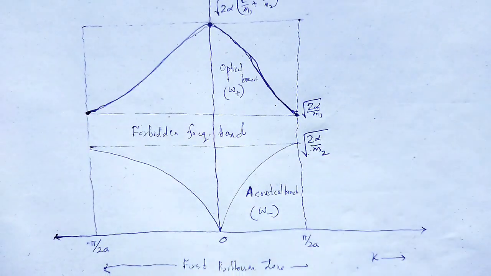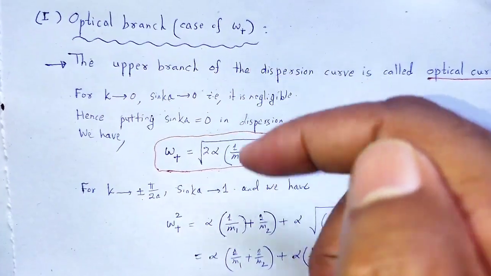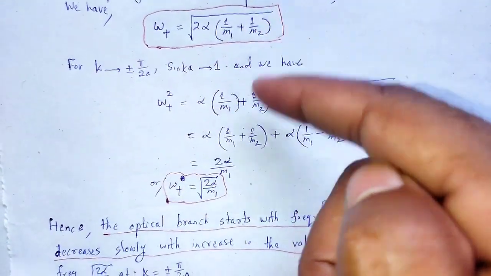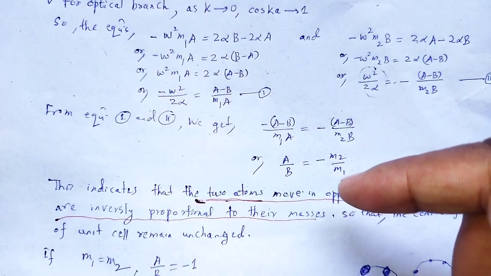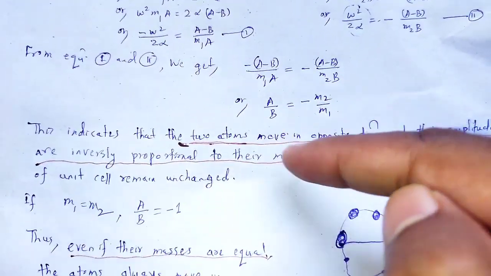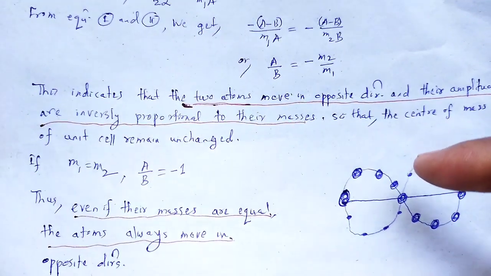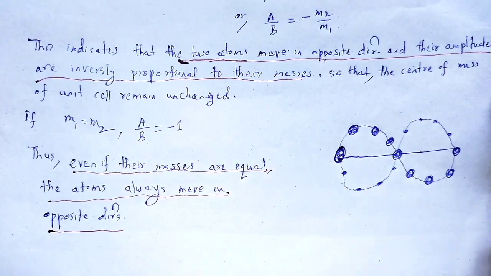This is the graph of acoustical and optical phonons, and mathematically we show for the optical branch that for omega plus, that is the frequency range, and from that particular expression we show what the amplitudes and their propagation of atoms are.